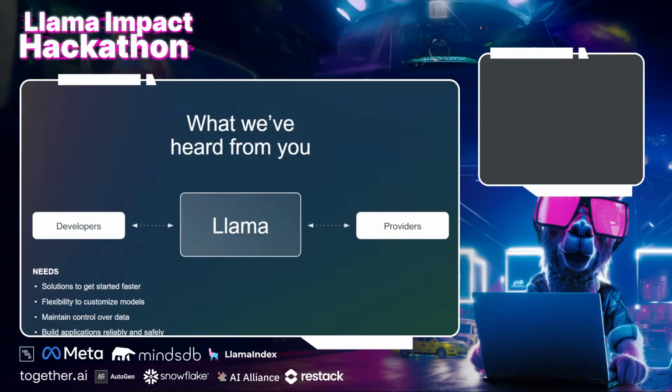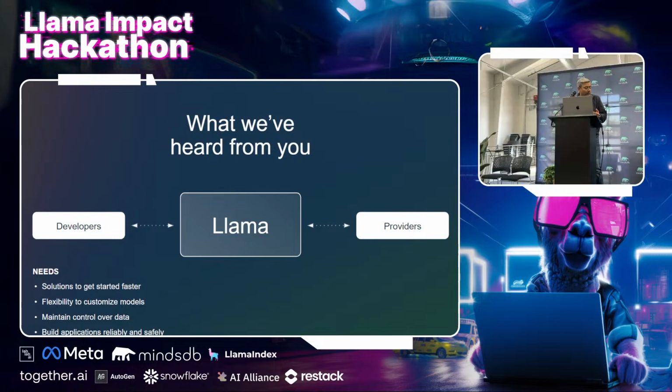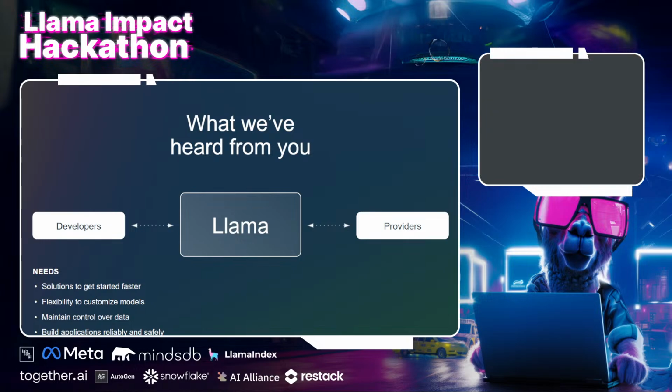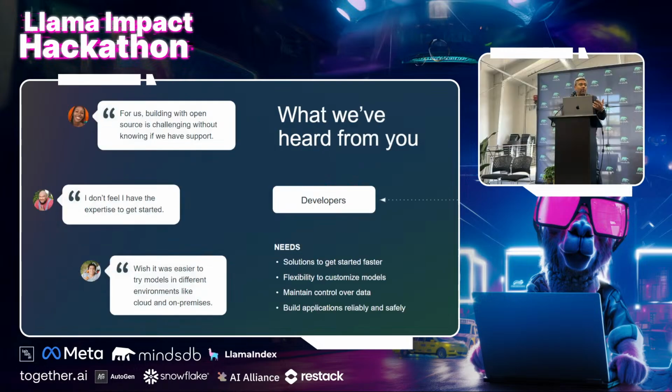And while we were releasing these weights, we were talking to developers as well as providers to see how we can actually improve things. When we talked to developers, we heard that they wanted to get started very quickly. They were just getting weights, and actually using them was pretty hard.